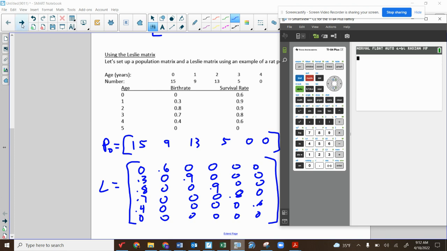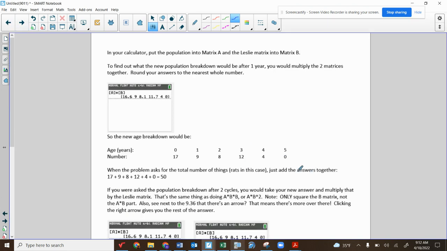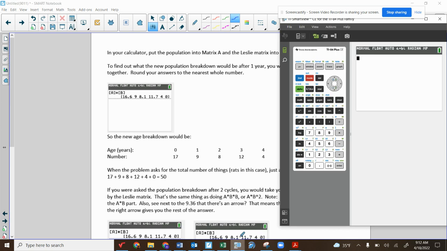Now, if I want to find how the new population would be after 1 year, I'm going to take those two matrices and multiply them together. So matrix A times matrix B. Okay, and there's my new population breakdown, right?